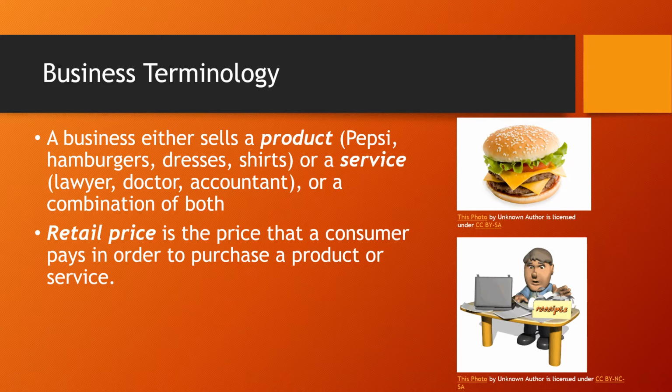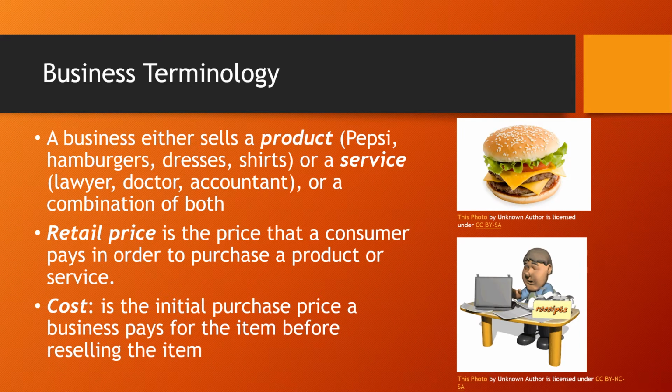For example, you go into the store and you buy a hamburger. You will pay retail price for that product. Cost is the initial purchase price a business pays for the item before reselling the item to the customer. In other words, what does it cost the business to get that item in the store so they can resell it?